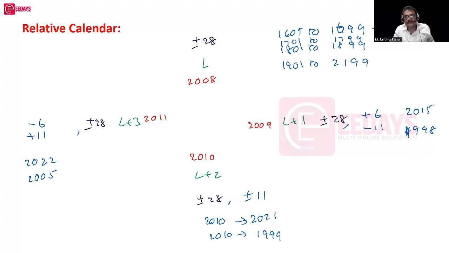If you observe here 100 years or 99 years, whatever it is, and here 99 years, here 99 years, and here 199 years. What is the difference?